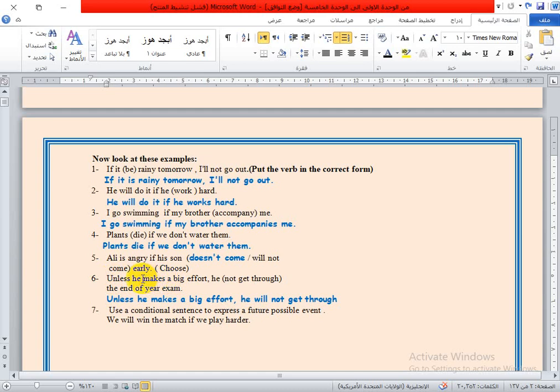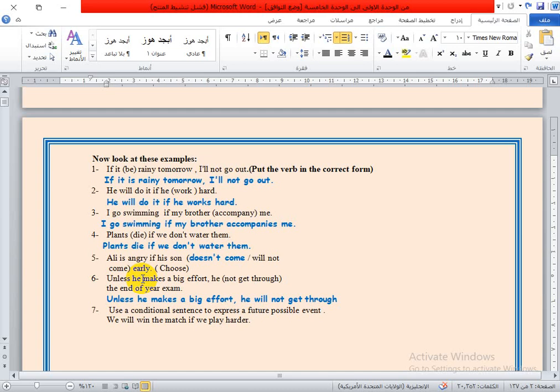The if clause can be present simple either in the zero conditional or in the first conditional. So we have two choices. Sentence number 6 belongs to either the zero or the first conditional type because the if clause comes in the present simple.